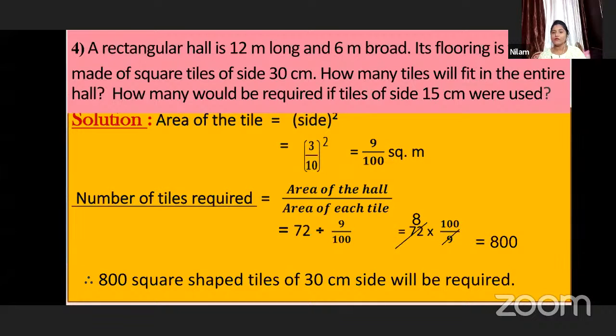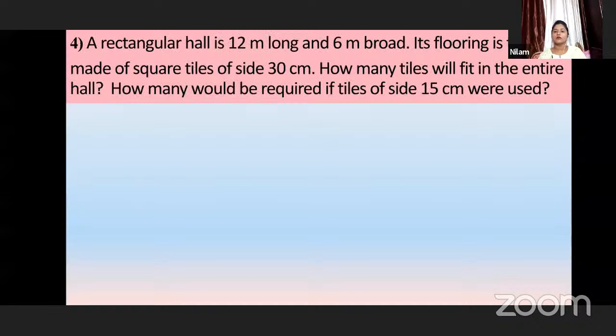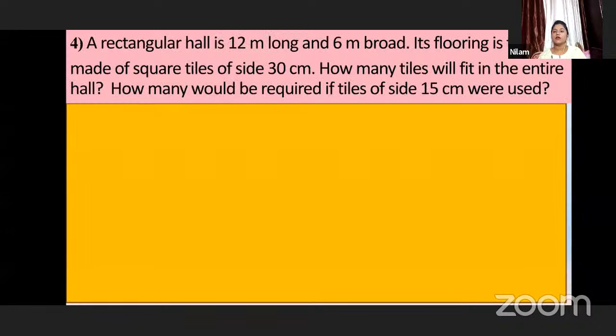Okay, now we will see how many tiles we will require to put in the rectangular hall for the flooring purpose. So let us see how many tiles we need if the side of the square tile is 15 centimeter. See, we can again find out the area as we have found out the area of the square tile.